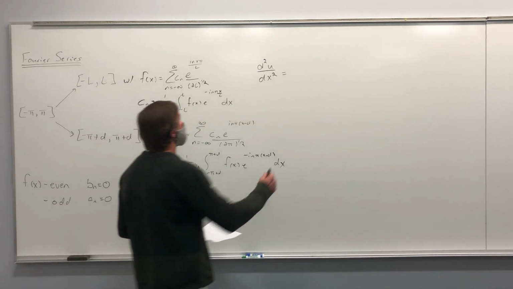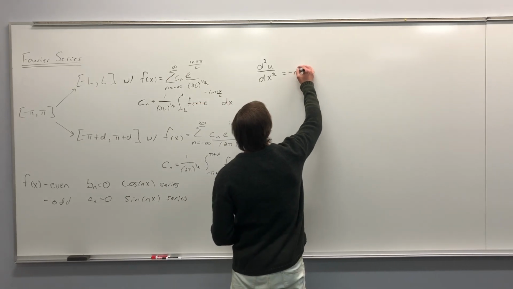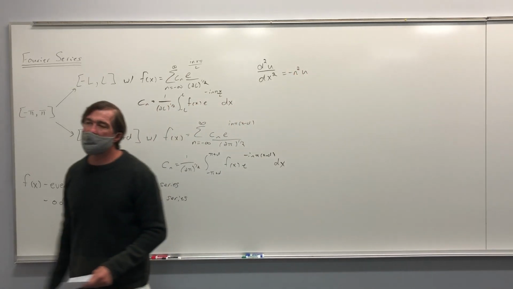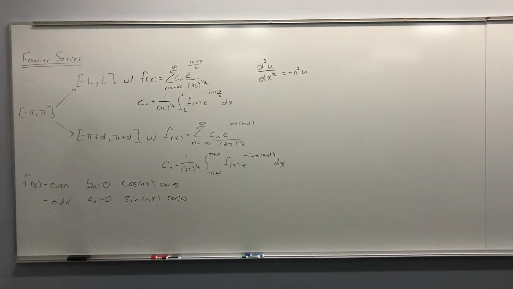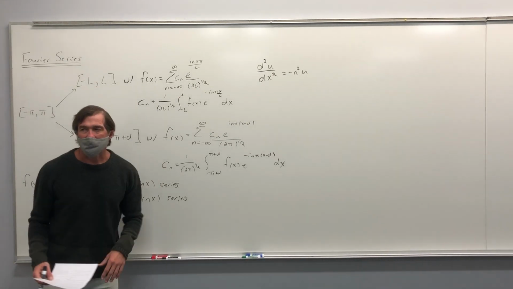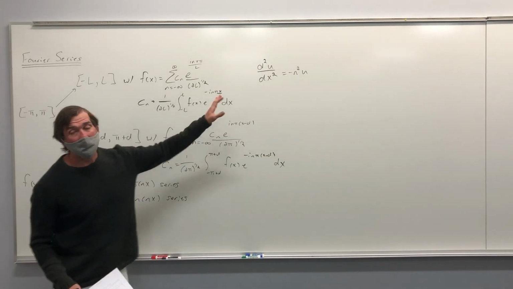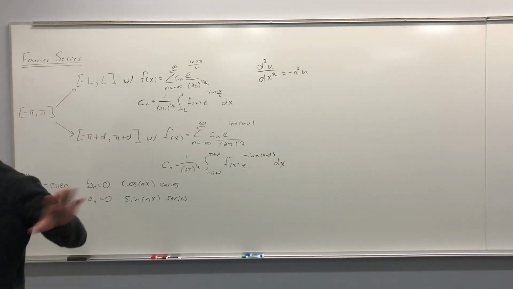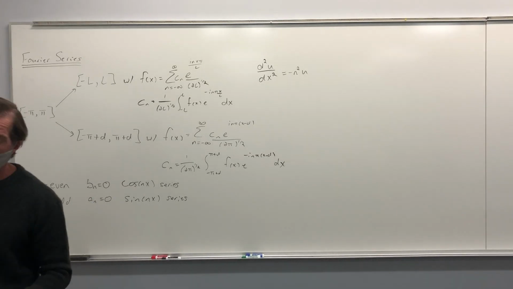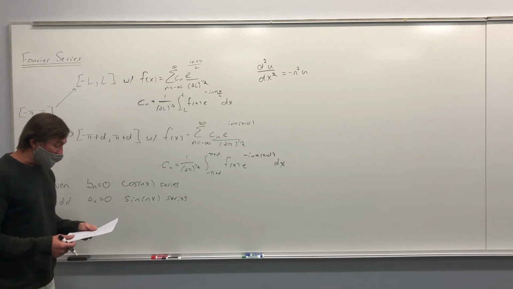It's just going to be something like minus n squared times u. That's the generic form of it. There's a normalization with respect to pi and so forth, but okay. It's a really simple differential equation, is the point, compared to all of the other differential equations that we encountered in the Sturm-Liouville story.